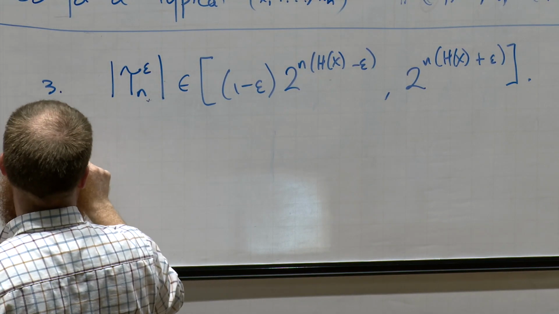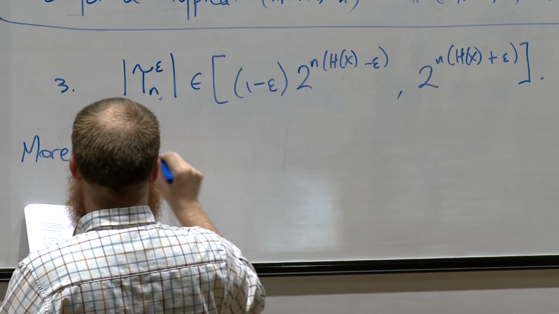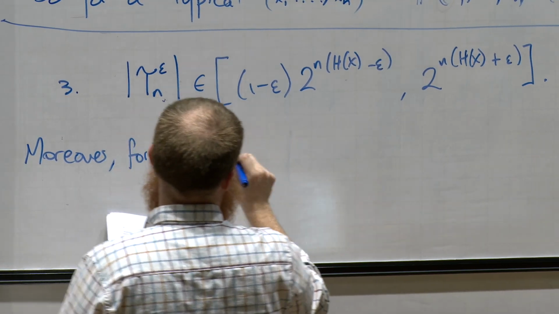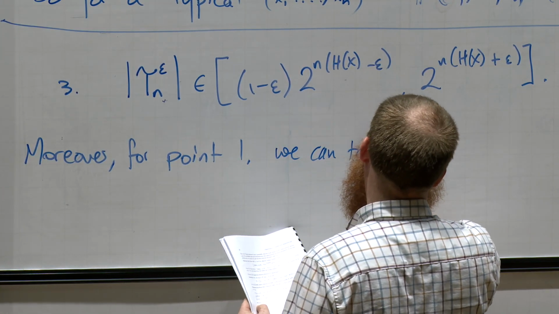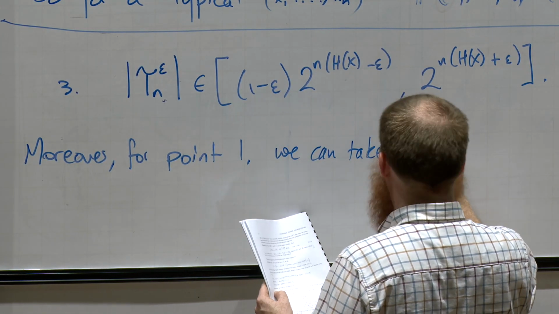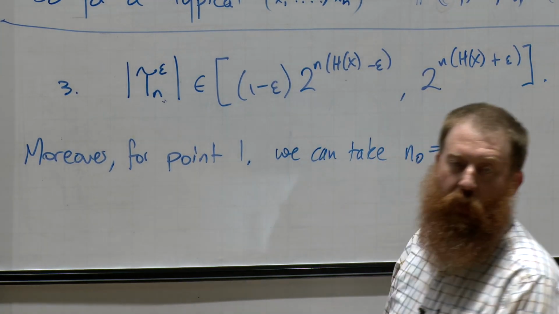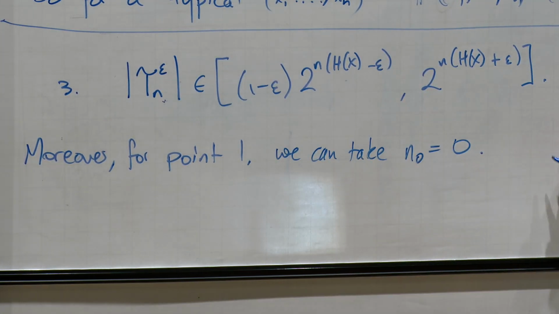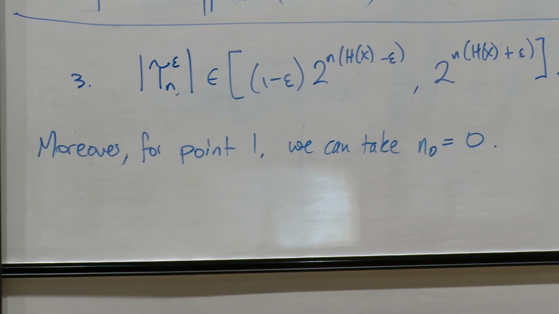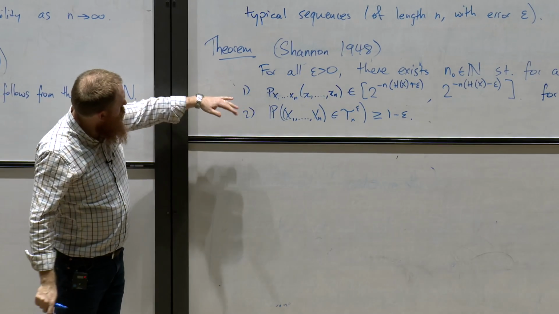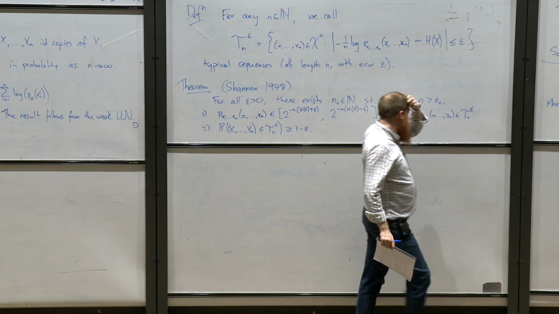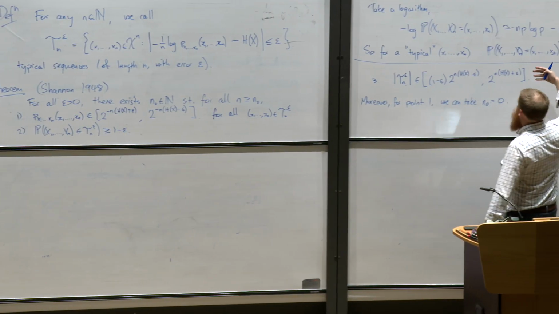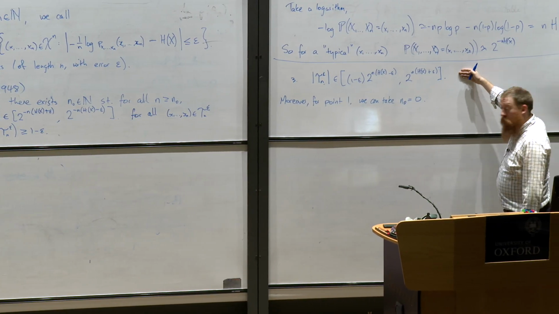Moreover, for point 1, we can take n naught equals 0. We don't need to take the limit for point 1. So this is the asymptotic equipartition property, the proper one. So we've got three statements to prove: the bound on the probability of a typical sequence, the probability that we have a typical sequence, and we have to count the number of typical sequences.